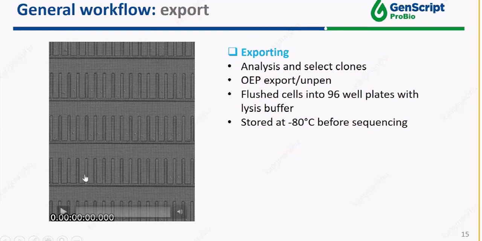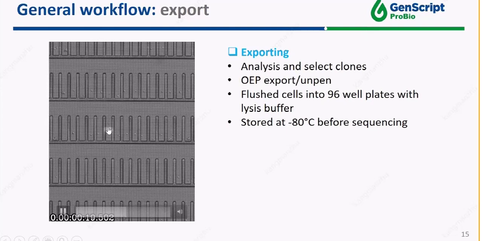Okay, so after we are done with the assays and have identified our cells of interest, we start exporting the cells. What you can see right here is the OEP, or what we call the optoelectropositioning system, moving one particular plasma cell out of the pen.